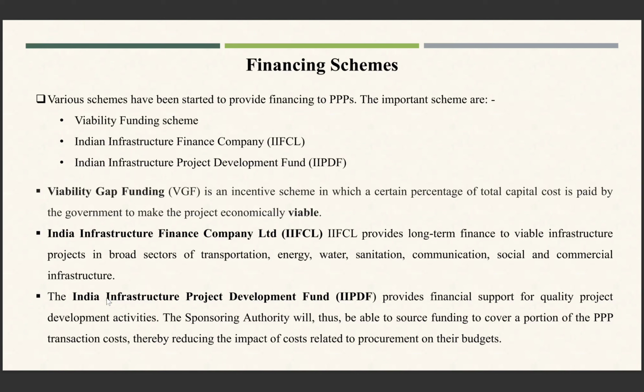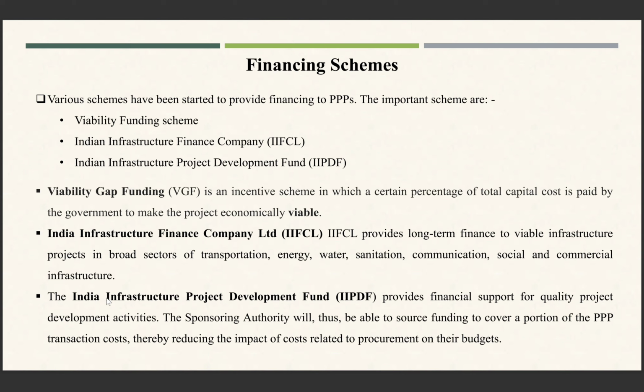the viability gap funding scheme. It is an incentive scheme in which a certain percentage of the total capital cost is paid by the government to make the project economically viable. Next is the India Infrastructure Finance Company. This provides long-term finance to viable infrastructure projects in broad sectors of transportation, energy, water, sanitation, communication, social and commercial infrastructure.